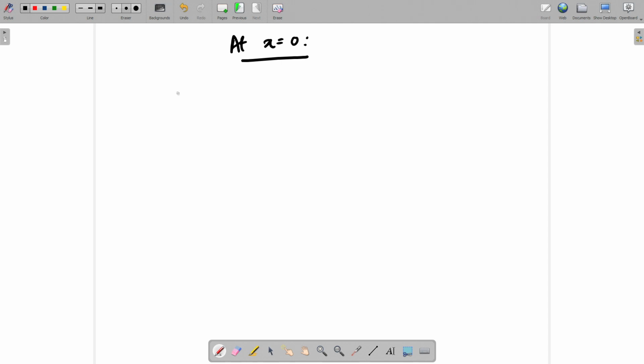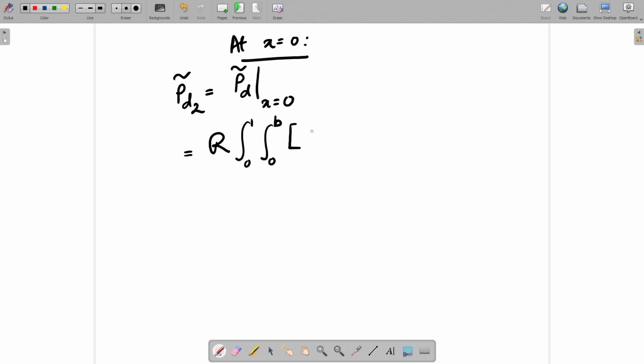So, therefore, PD2 tilde, which is given by PD tilde at x equal to 0, will be given by R, integral 0 to 1, then 0 to b, mod Hy square plus mod Hz square dy dz.